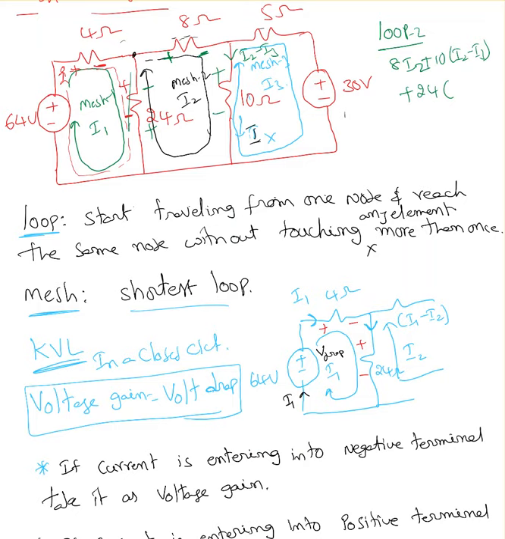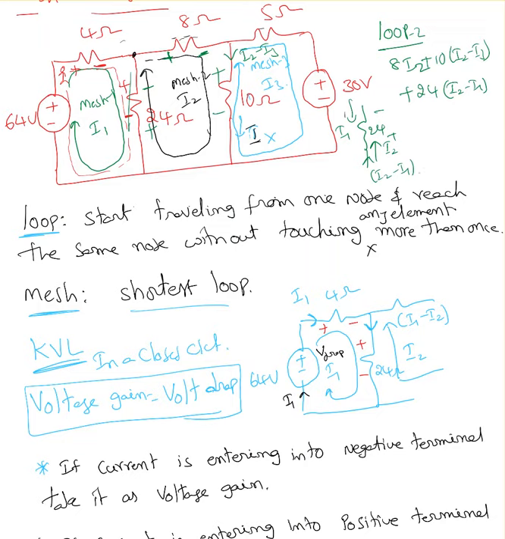Now if you look at the 24 ohm, I2 is going up and I1 is coming down. I'm assigning the positive and negative signs according to my I2 current. I'm assuming I2 is larger than any other current, so it's going to be I2 minus I1. So the current going in this direction is I2 minus I1.